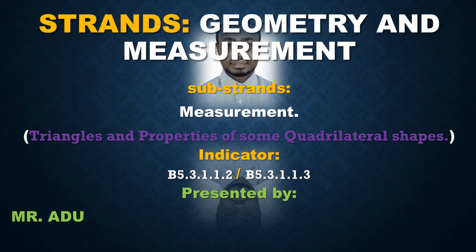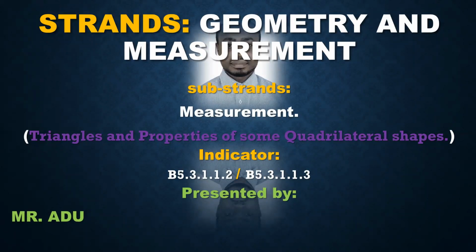Today, our main strand is geometry and measurement. Our substrand is measurement. Under the measurement, you are going to talk about triangles and properties of some quadrilateral shapes.